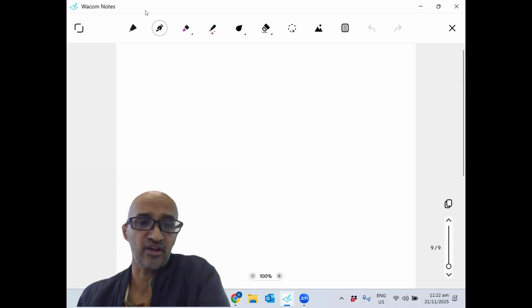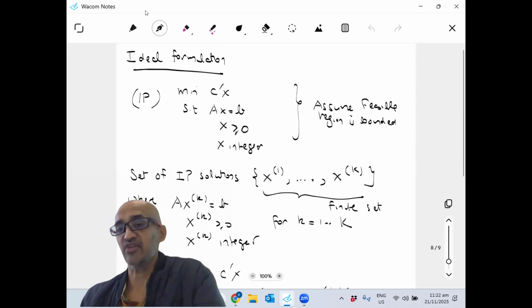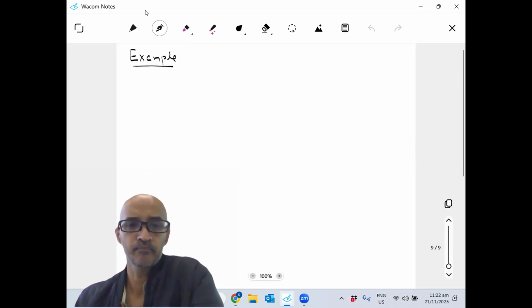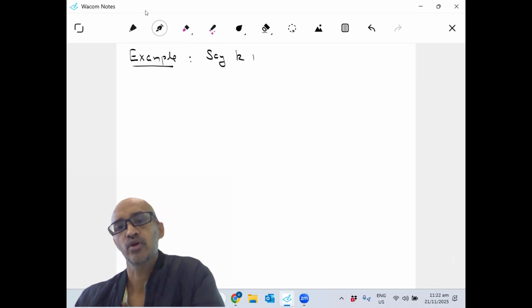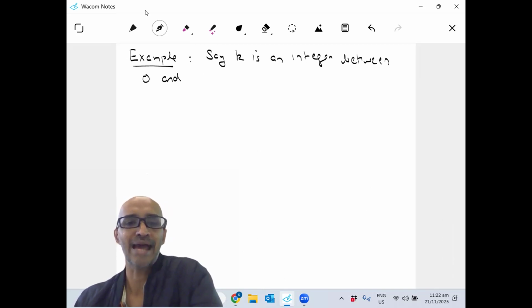Let me give you an example. Sometimes there are integer sets where the convex hull is just the LP relaxation. In this example, let's say k is an integer between 0 and n.